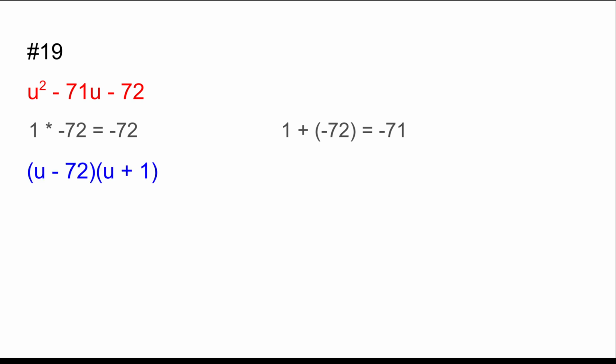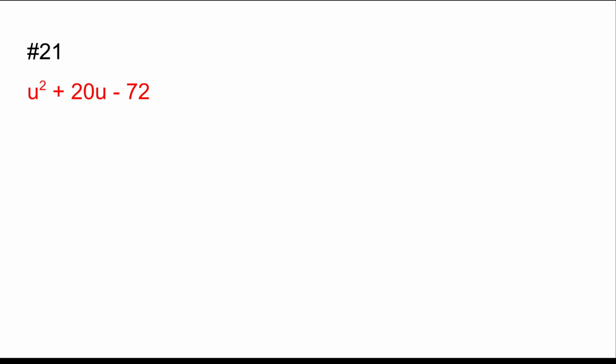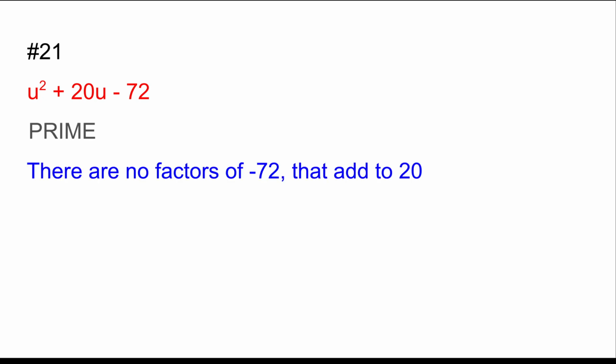So our factors are u minus 72 times u plus 1. Number 21, u squared plus 20u minus 72. What two numbers multiply for negative 72? It's prime. There are no factors of 72 that add to 20.